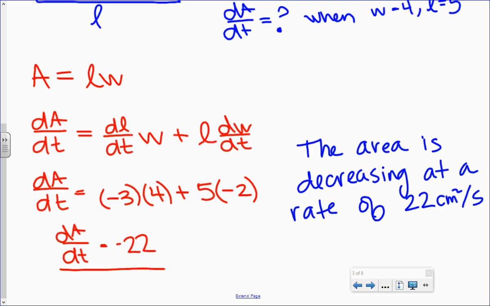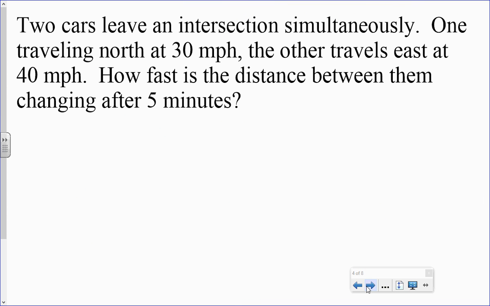Okay. Let's go ahead and look at the next one. Go ahead and read through it. What kind of shape is going to help us with this?